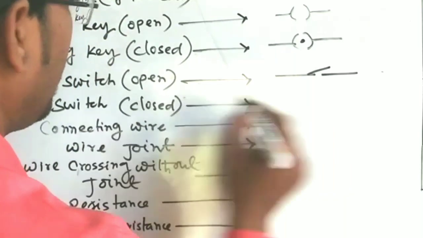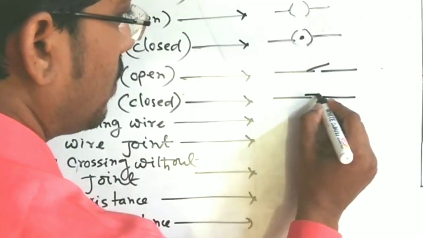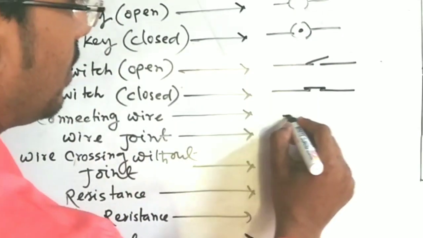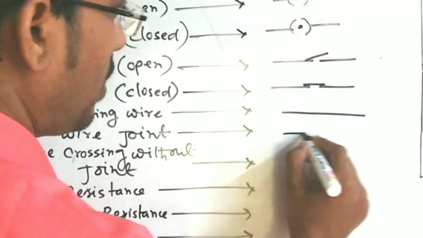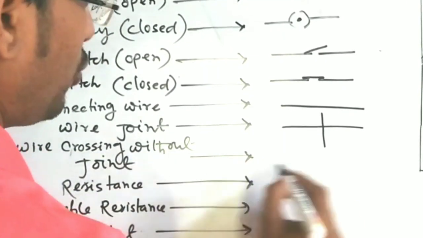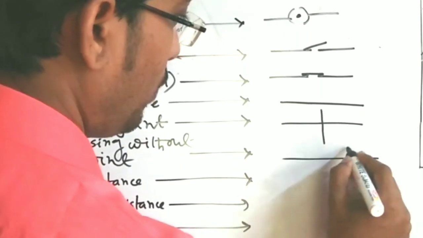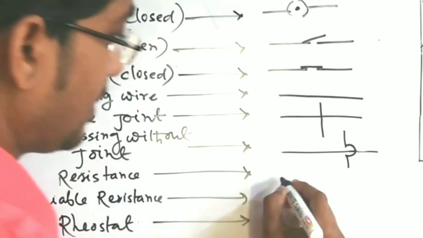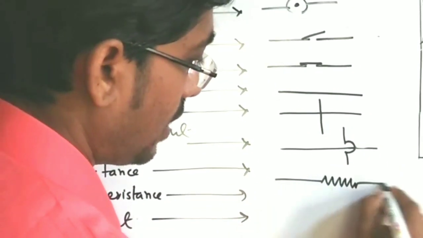Now switch closed. Now connecting wire like that. Wire joint will be like that. Wire crossing without joint. It will be like that. Resistance, the symbol of resistance will be like that.